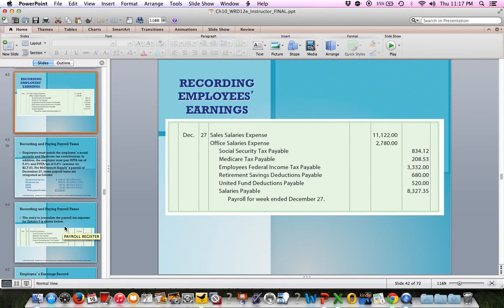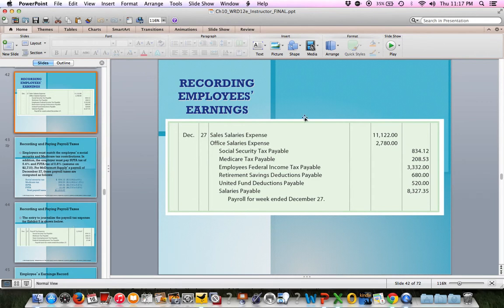Of course, then next is to record a journal entry to record the payroll, and I use that payroll ledger for the source of making the entry. So I want to debit two expense accounts, the sales and office salaries, for the gross amount of their salaries, and then I credit the various payables for what was withheld. Right, I'm withholding. This is basically recording employees' earnings.